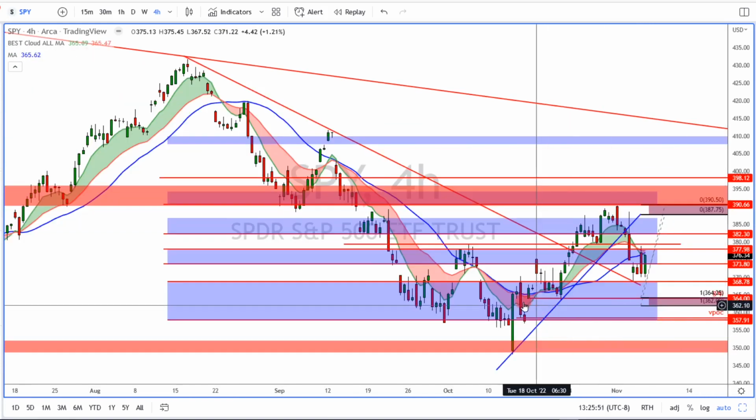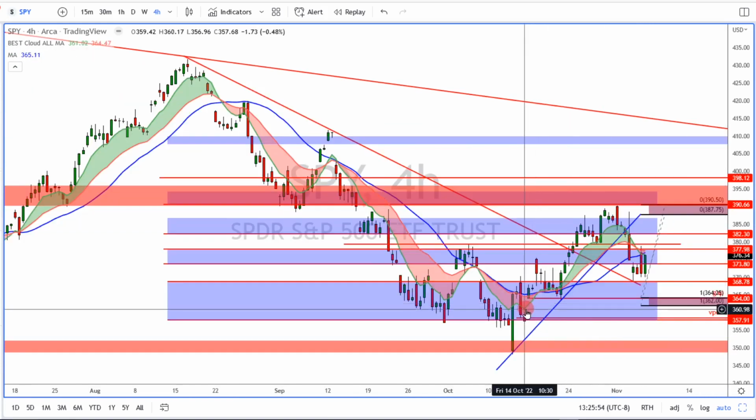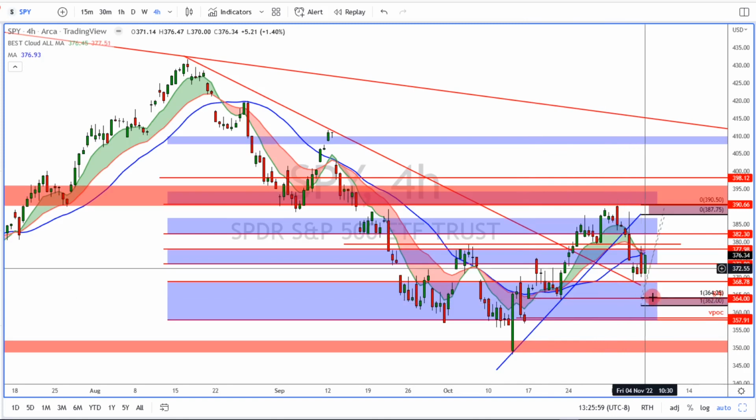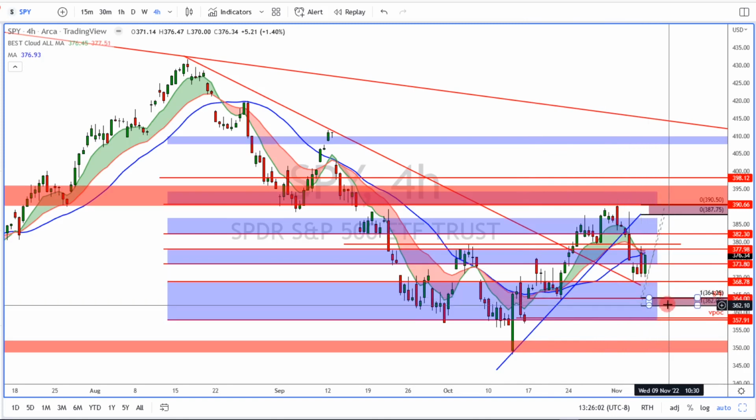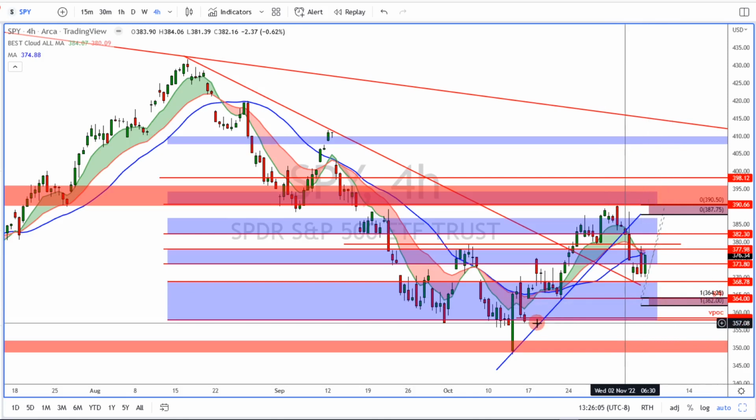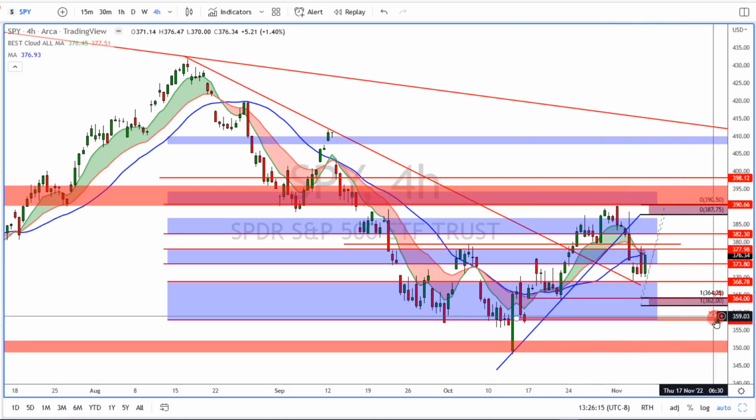Remember, we also see an intraday gap that needs to get filled down here at the 364 area. That puts a little bit of confluence in this weekly lower range. And then we also have the naked point of control somewhere around 358.